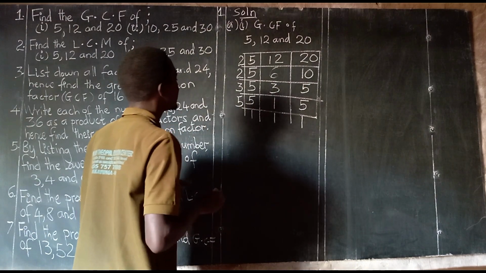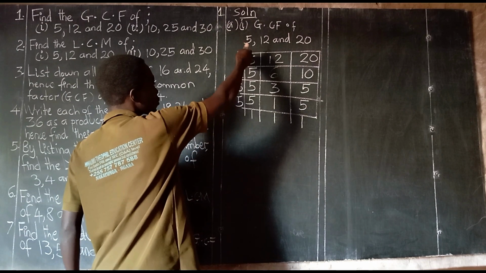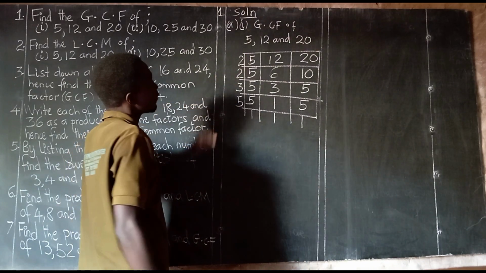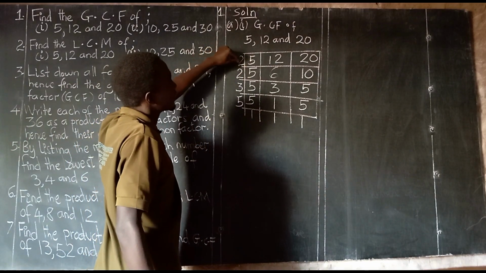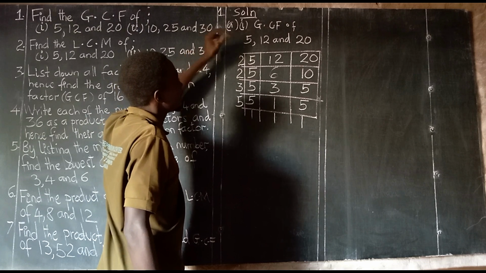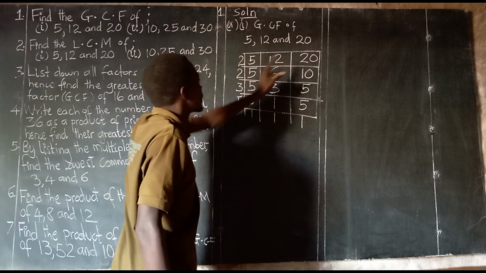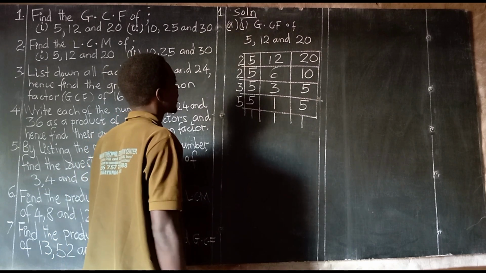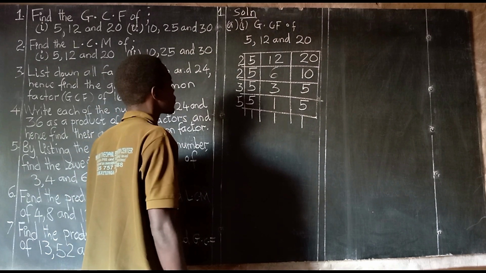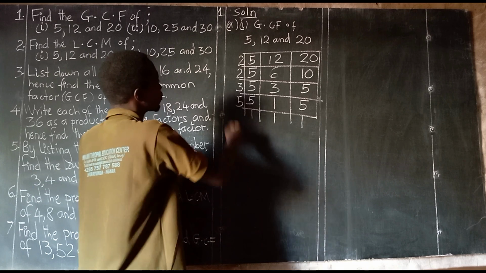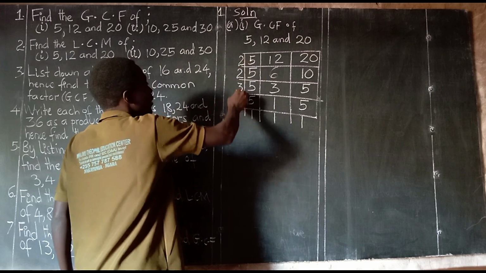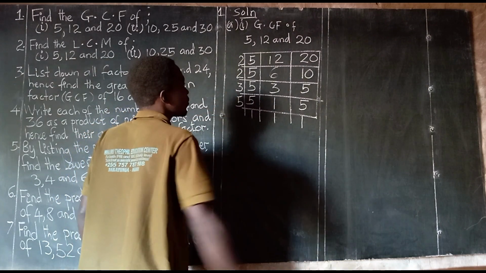To get the GCF, you have to look across all of the prime factors which have been used. If there is any prime factor which has divided all of the given numbers completely, you must include it in the factors used to find the GCF. But when we pass across all of the prime factors, there is none which has divided all three numbers completely.